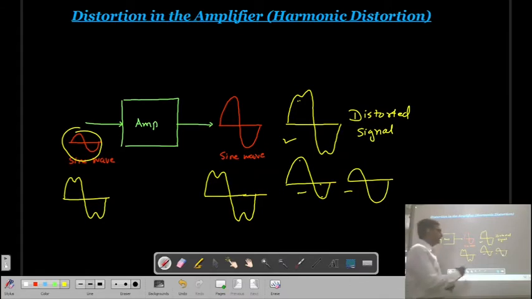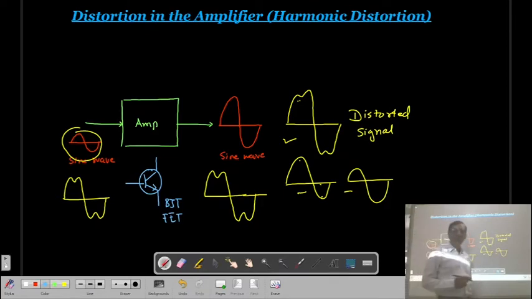Now, why is the distortion introduced? What is the reason behind this, that the shape of the output signal is not identical to the input signal? So there are basically two reasons. In an amplifier circuit we are using an active device, a transistor or a field effect transistor, BJT or FET, or any kind of active device.